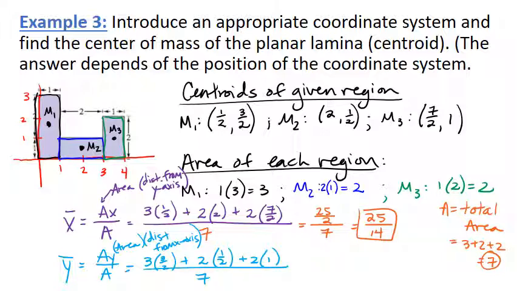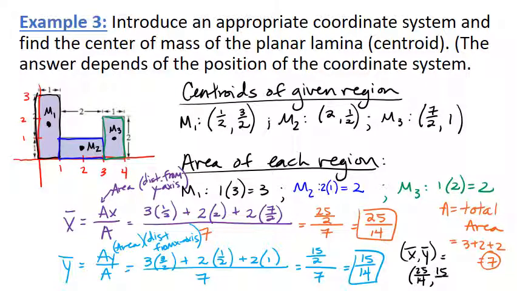All of this is over 7 once again. In the top, we end up getting 15 halves divided by 7, giving me 15/14 for y bar. I can write my centroid as an ordered pair. So x bar, y bar is equal to 25/14, 15/14 for the final answer.